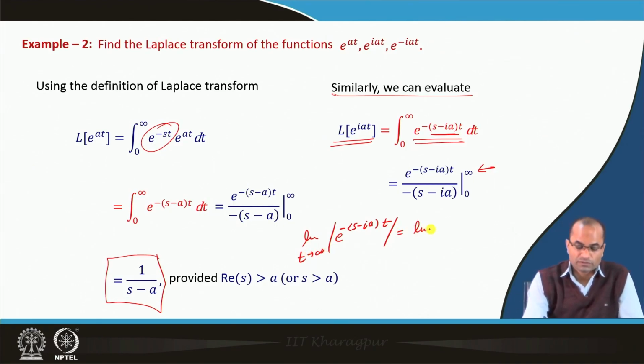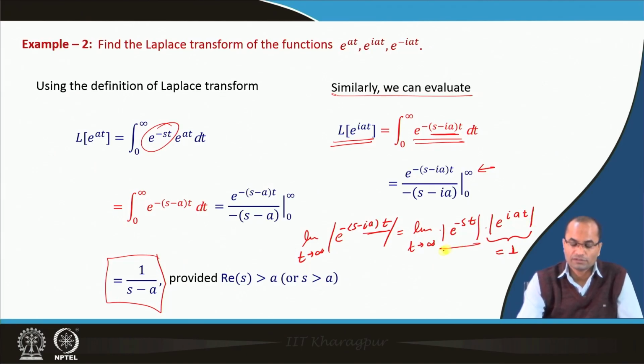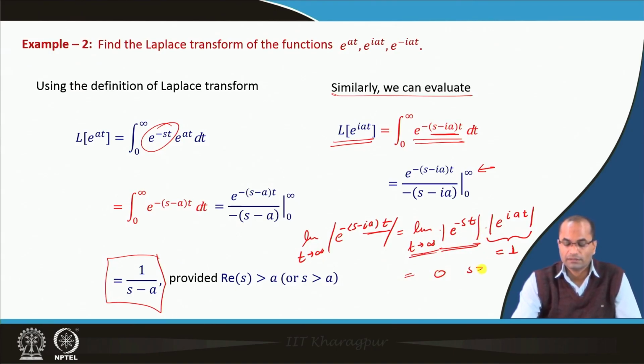So, in this case the situation is a little different from the earlier one. Here we have e^(-st) as one term, and the other term is with i, e^(iat), whose absolute value is 1. So, we have just e^(-st), and to get this limit to 0, we have just the condition that s must be greater than 0, or real s must be greater than 0.